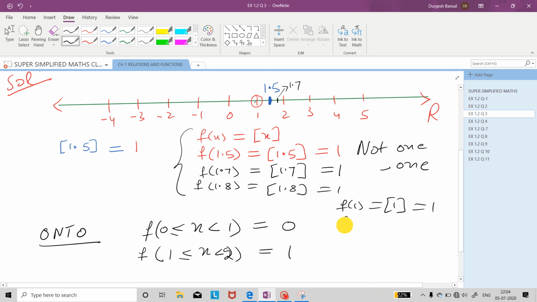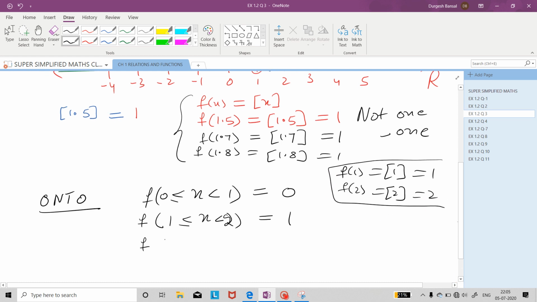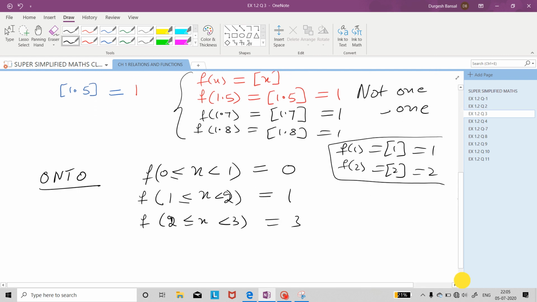The greatest integer function of 2 will be 2. You know about the greatest integer function, you have studied it in class 11. If I apply it on any number which is greater than or equal to 2 and less than 3, the result is 2. So what is the range of the greatest integer function?